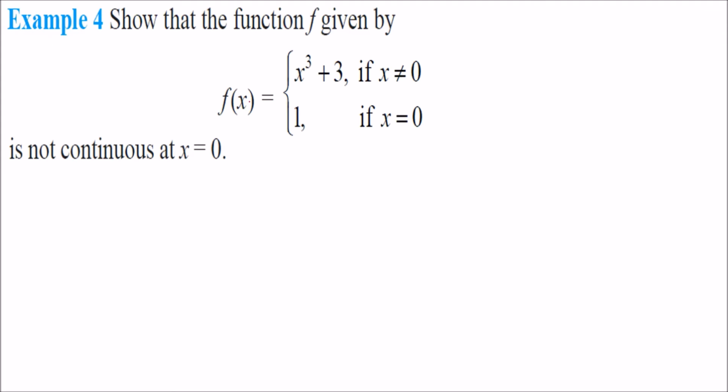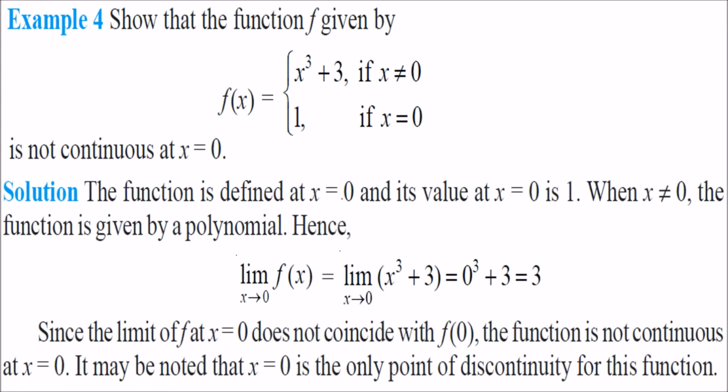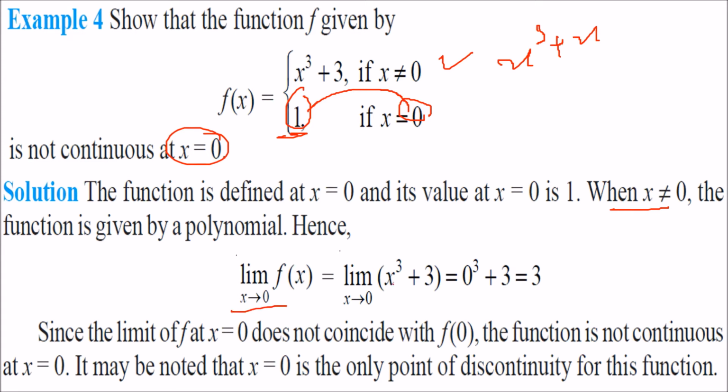Show that this function is not continuous at x = 0. Let us see. First of all, it is defined at x = 0. It has a constant value which is 1 at x = 0. When x is not equal to 0, the function is nothing but a polynomial. I'll tell you more after this discussion. If we apply the limit and place 0 here, it will be 3.